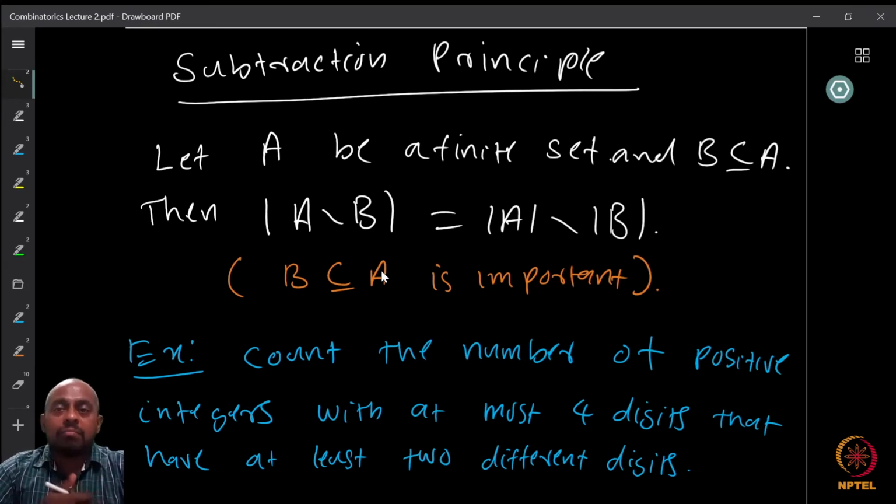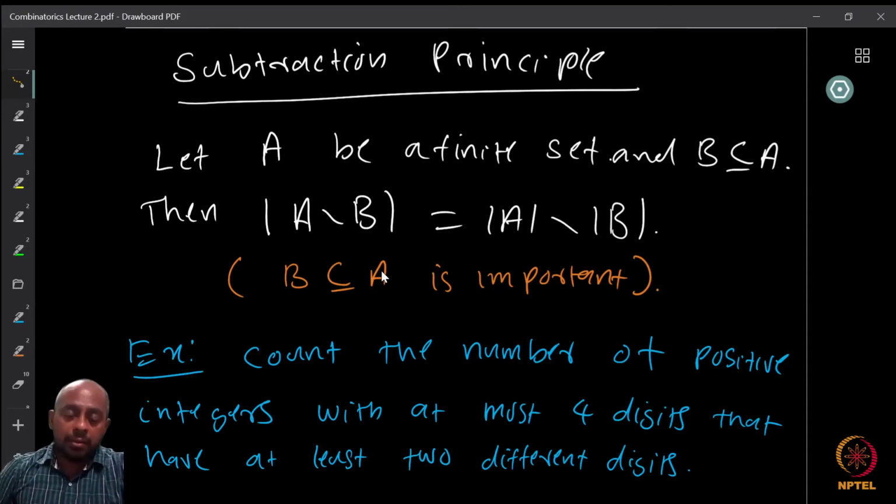Now one can directly count this. I recommend that you spend some time finding out how to directly count this, rather than using the subtraction principle, and then see why it is better to use the subtraction principle here.